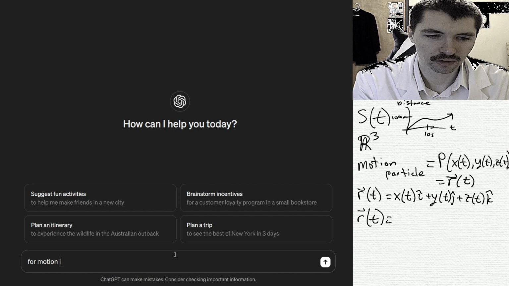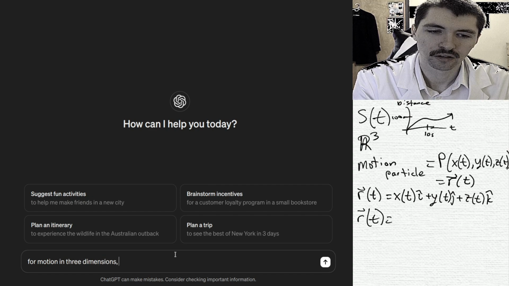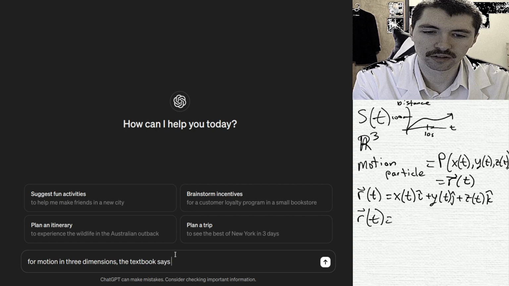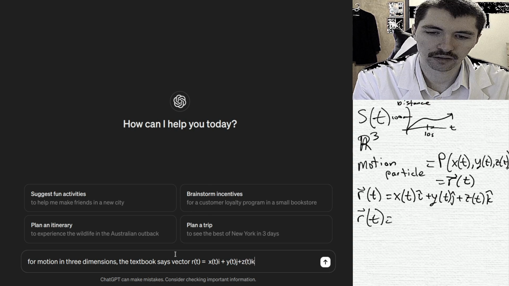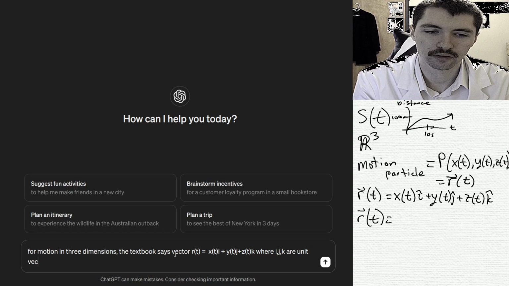For motion in 3 dimensions, the textbook says vector R of t is the sum of components times i, j, k, where i, j, k are unit vectors.